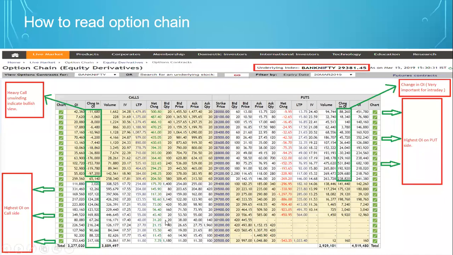So if you see, this is the open interest on the put side. So we add all the open interest on the put side and all the open interest on the call side. First, we calculate total put open interest by adding all the open interest on the put side.